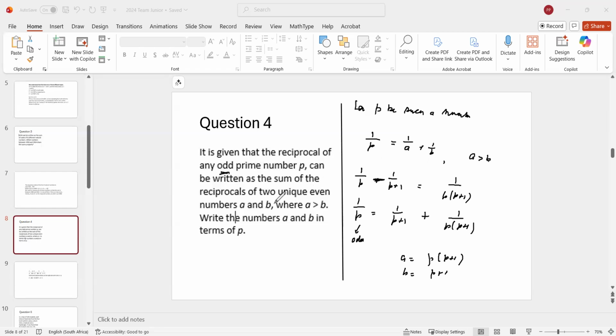Only thing is that these numbers are unique. We don't know whether this is the only way in which 1 over P can be written.